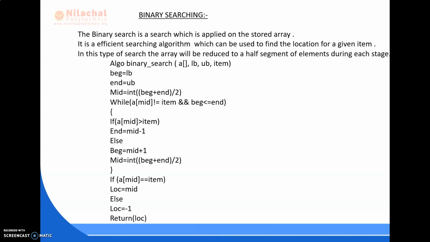If A of mid is greater than the item, then where we need to search? That means the A of mid value is greater than the item. That means we need to search the element from the lower bound to mid minus 1 position.